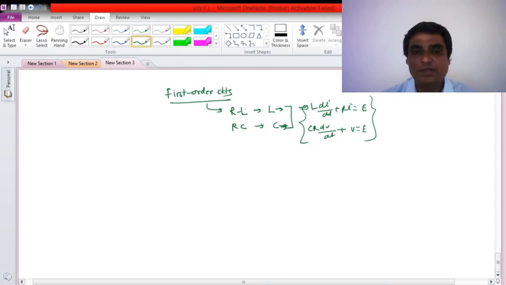Once we wrote the equations for series RL and series RC, we got these differential equations, which are first order differential equations, and these are non-homogeneous equations. Also, last to last class we saw how we can solve the linear differential equation if it is homogeneous or non-homogeneous.